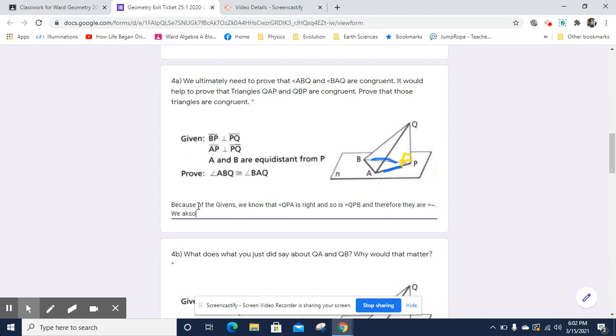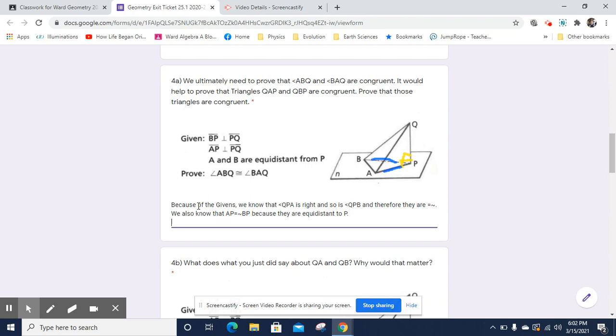We also know that AP is congruent to BP because they are equidistant to P. Then QP is congruent to QP because it is itself, reflexive property.